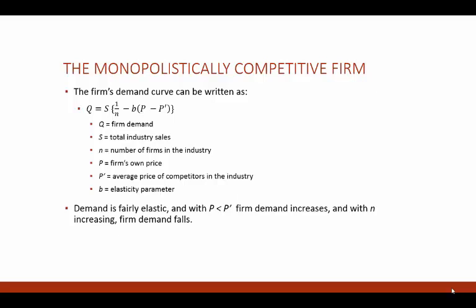Intuitively, the firm's demand is expected to increase if total industry sales increase, or if there are fewer firms in the industry, and if the elasticity parameter is small and a price differential exists. In other words, the demand function shows the presence of market power, which is however curbed by other features of the market.